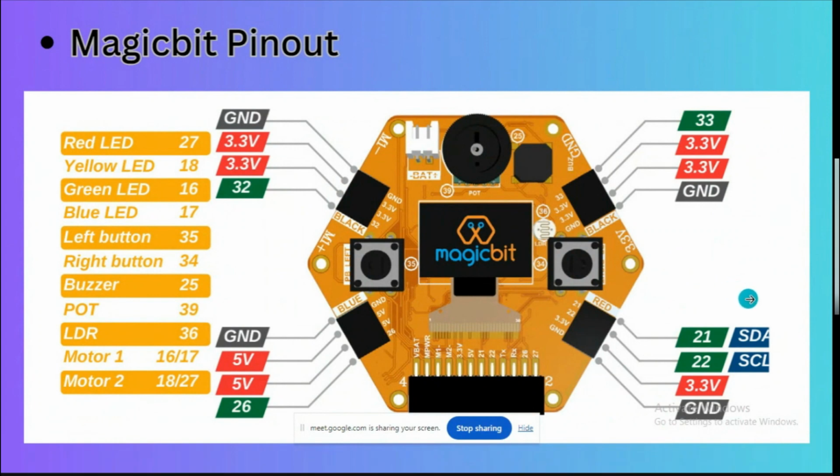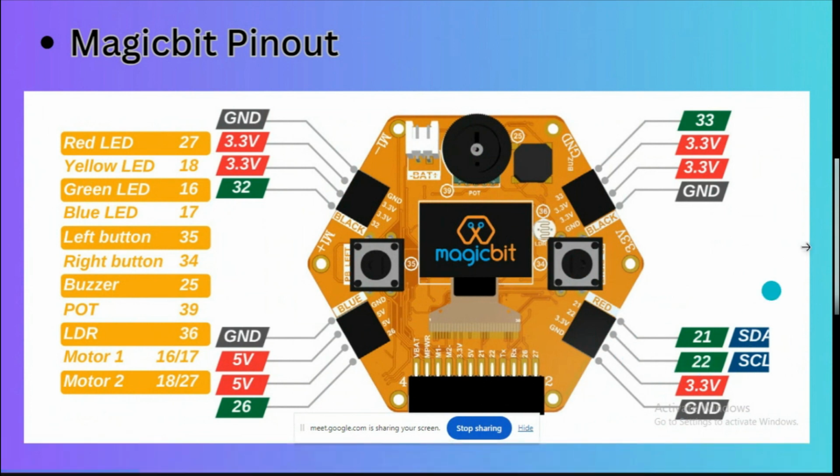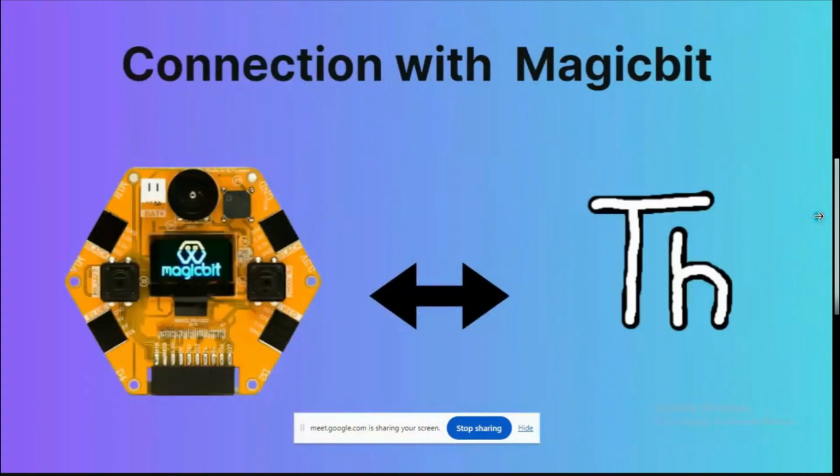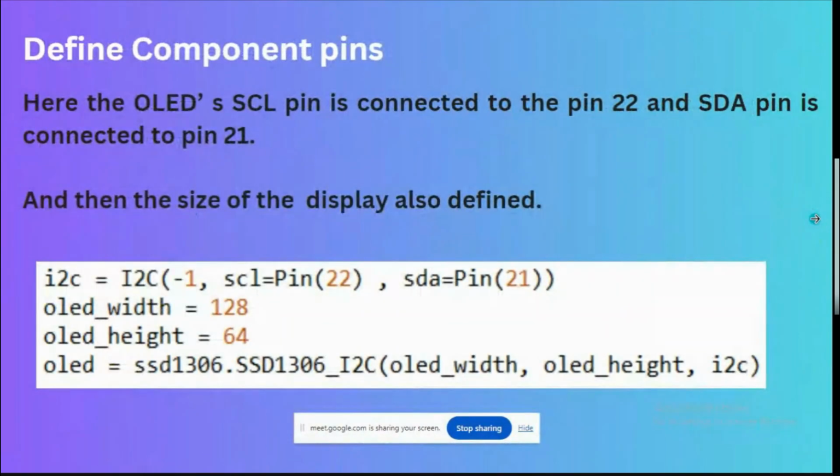There are 2 pins called SDA and SCL, which are used with the display. SDA is pin 21, and SCL is connected with pin 22. And then you have to define those 2 pins in your program to work with the Magicbit display, right?